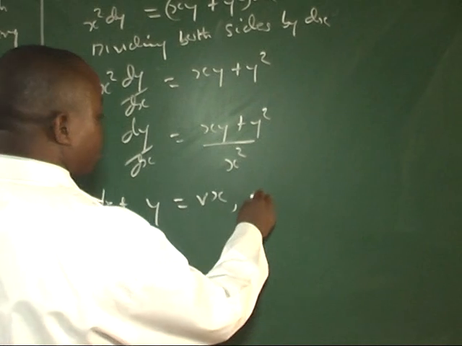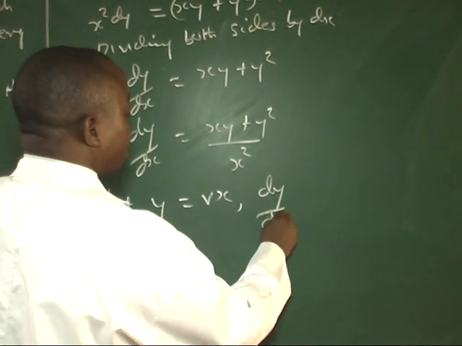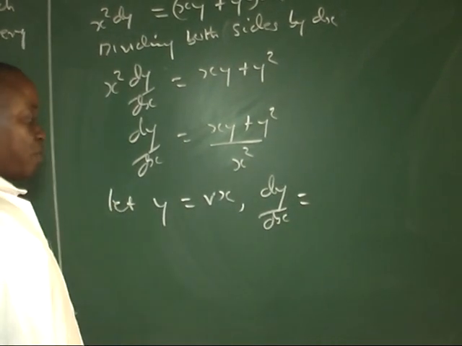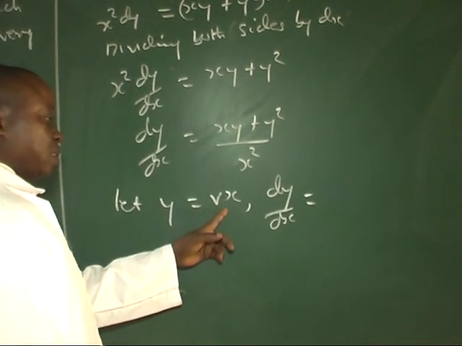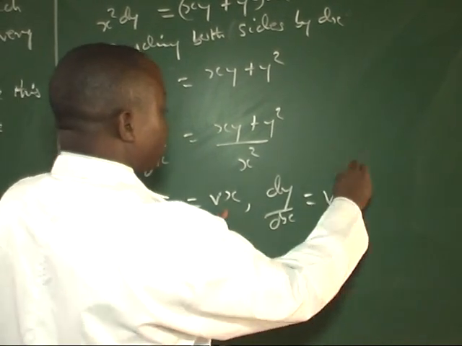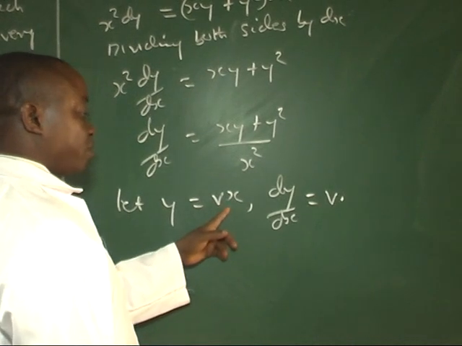So that dy/dx will be equal to v, by the product rule.